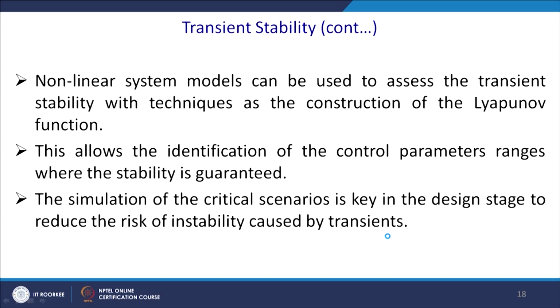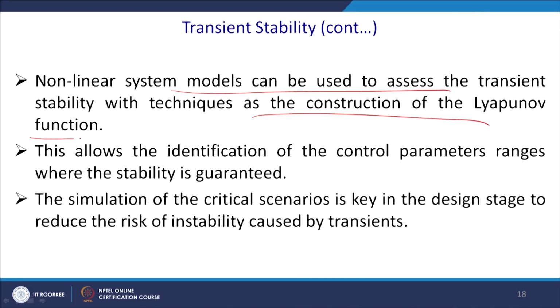On the other hand, a nonlinear system model can be used to assess the transient stability. We require to understand that since this is a large load change, your operating point will change and the system is totally nonlinear, so the average model will not work.